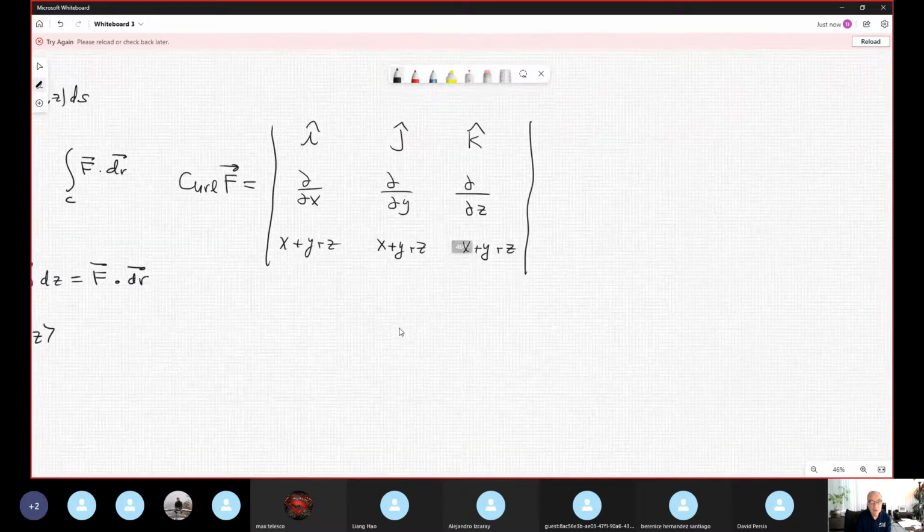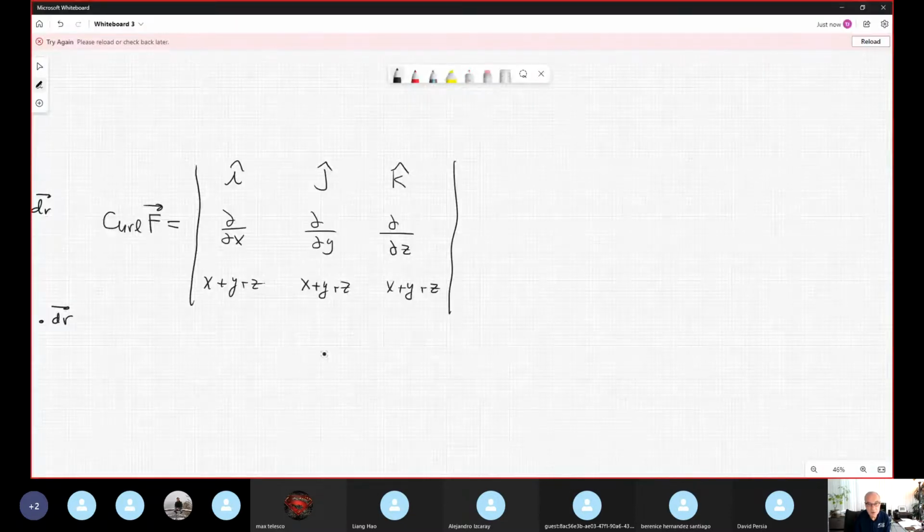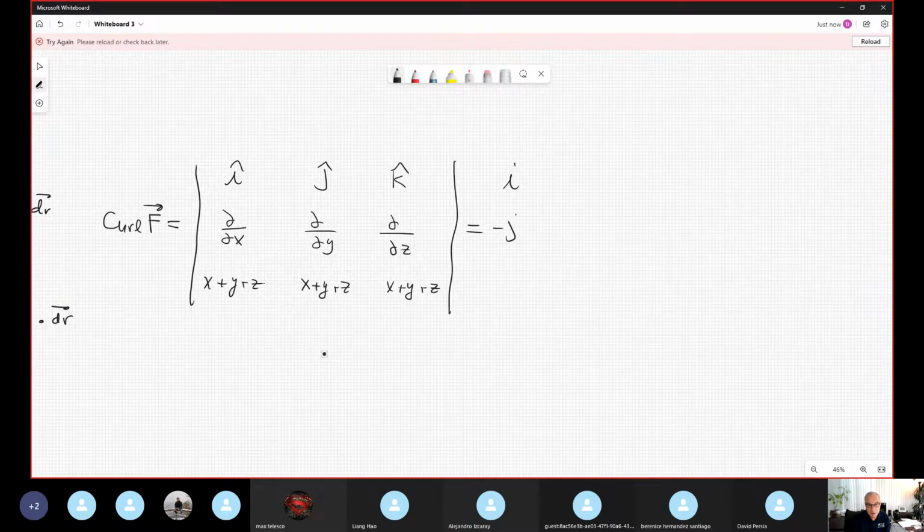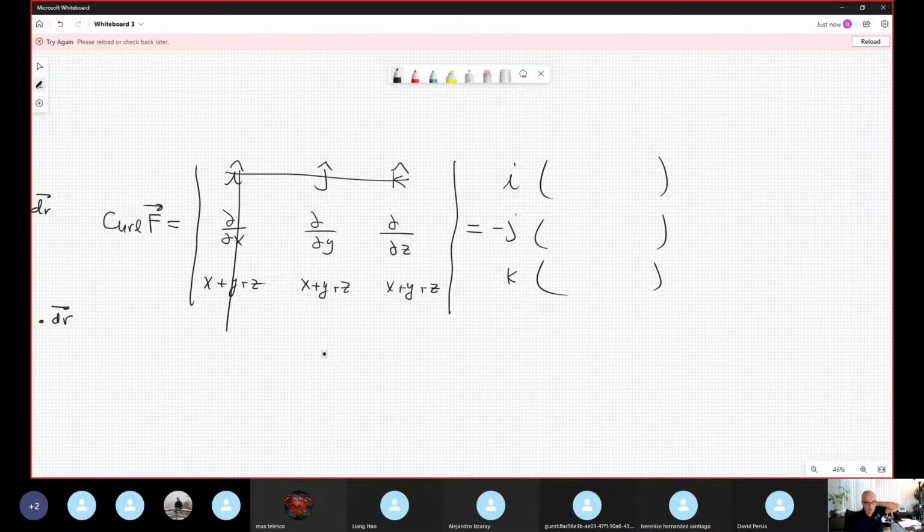Okay, now remember the organization. I propose you always write i minus j and k, and 3 parentheses. Inside the 3 parentheses we have 2 quantities, one positive and one negative. In this case, for i, the partial derivative with respect to y is obviously 1, and the partial derivative with respect to z is obvious as well.